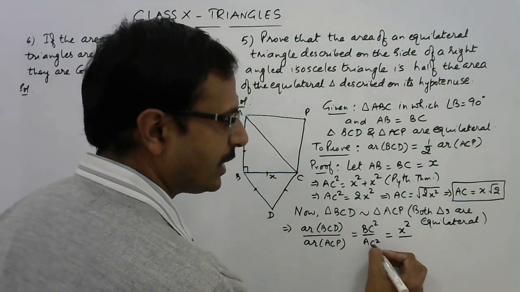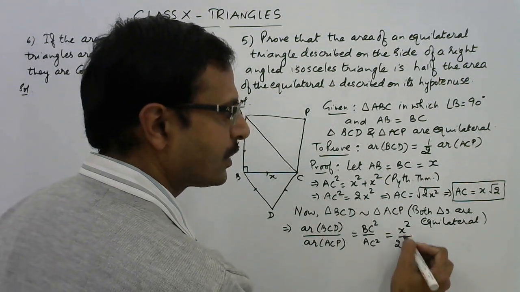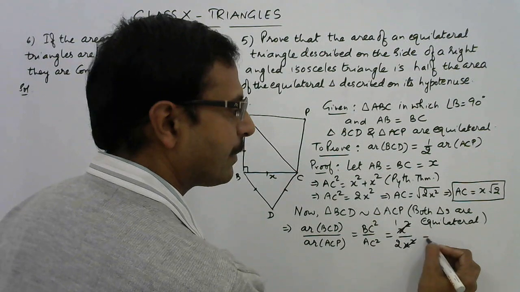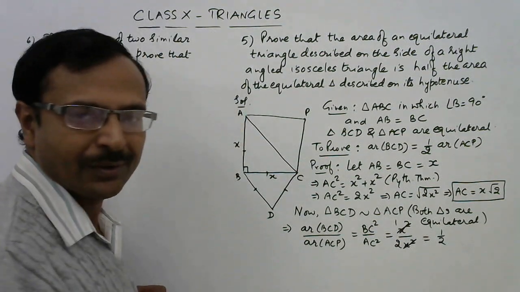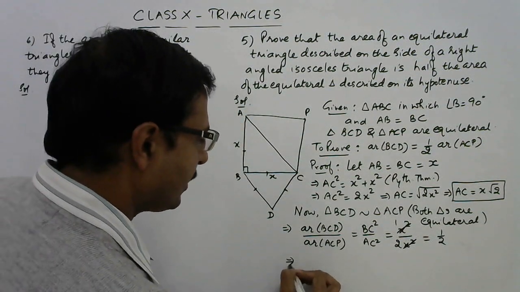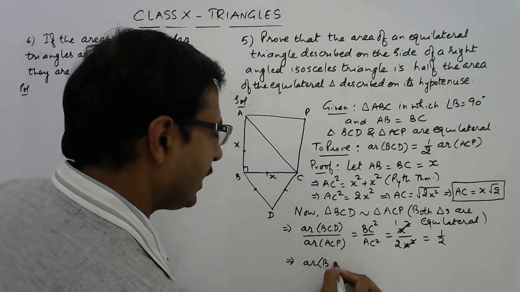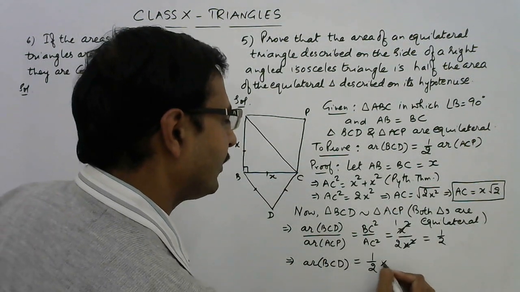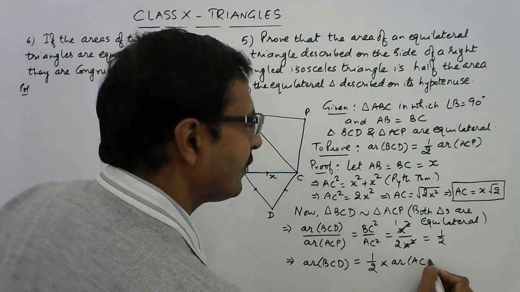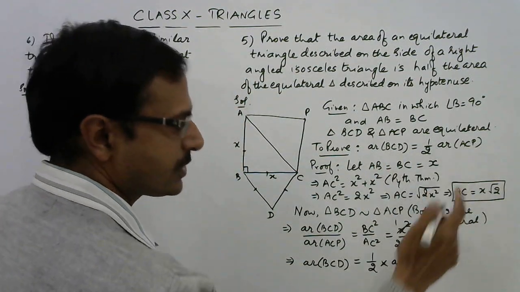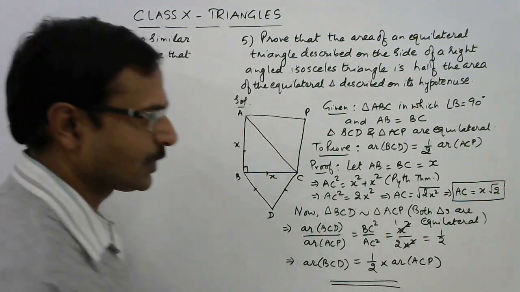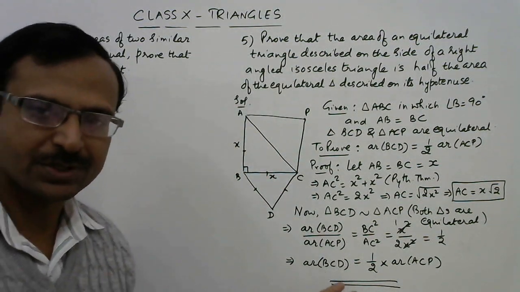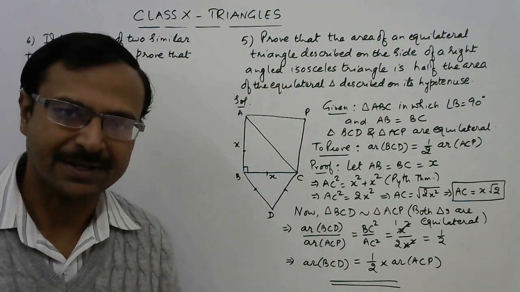So you can just put in place of AC square 2x square. So x square gets cancelled, thereby giving you 1 by 2. And if you take this denominator area of ACP to the other side, this becomes half of area of ACP, and this is what was required to be proved. So this is another important question for board exams based on this theorem.